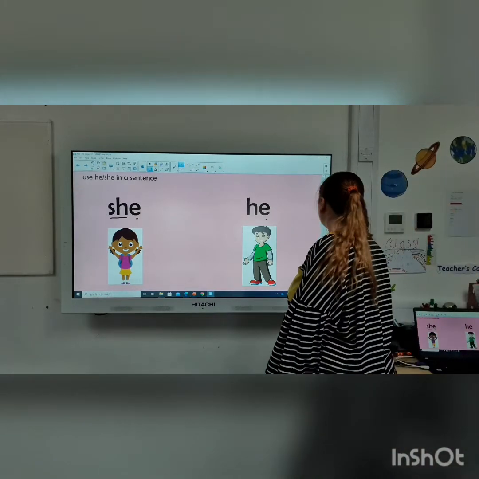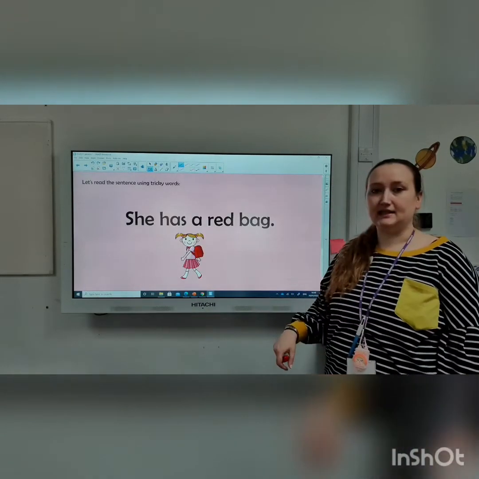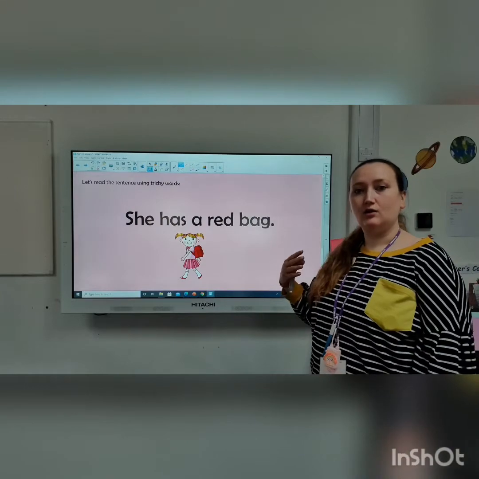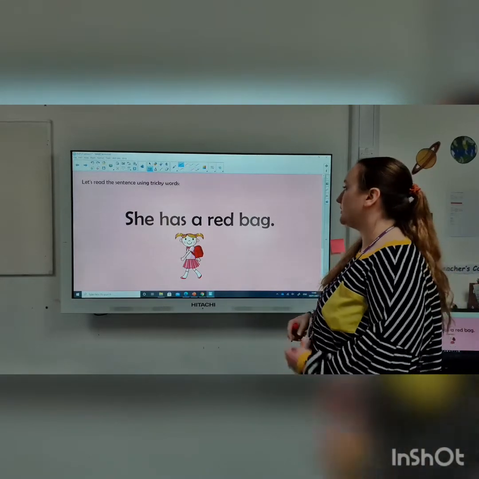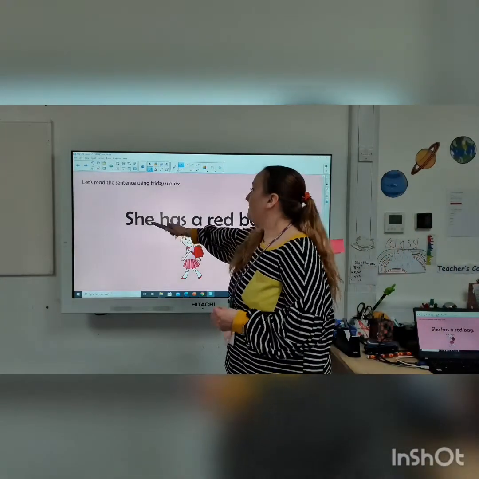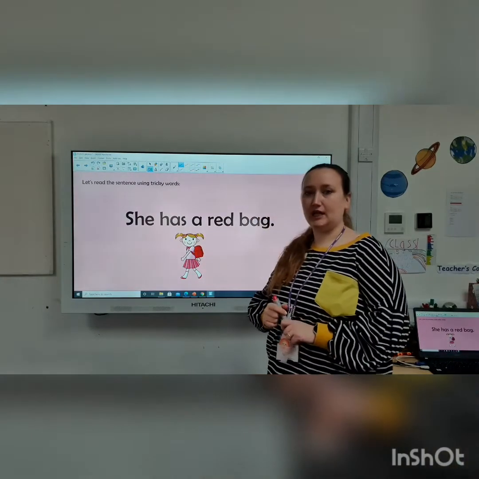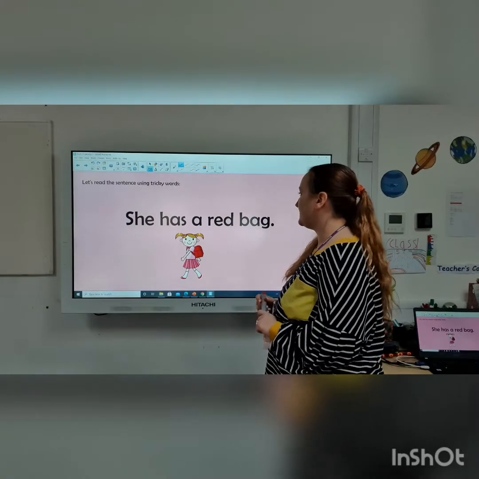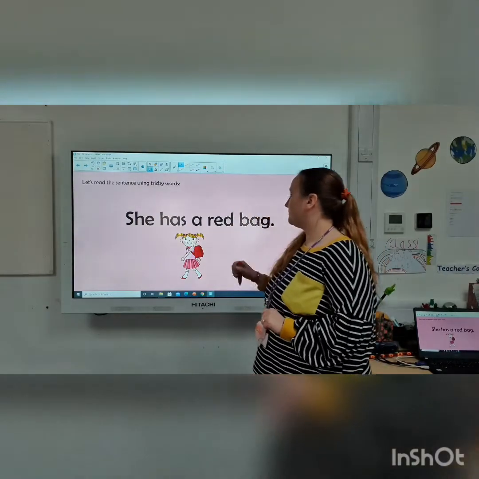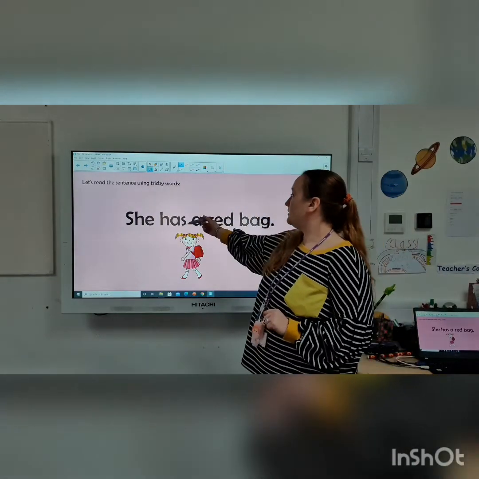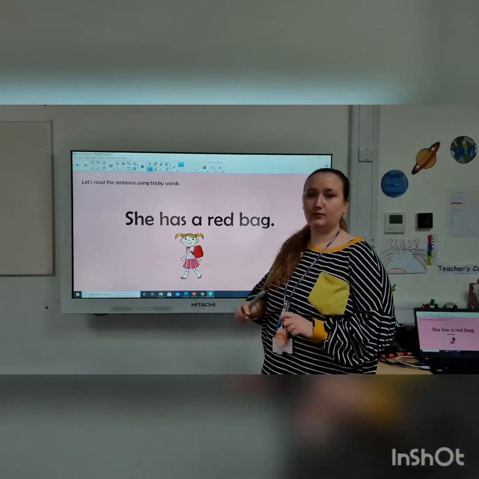Okay, so we're going to do some blending so that we can practice reading our tricky words. Okay, so can you remember which tricky word this is? Is this he or she? It's she, isn't it? So we've got she. Okay, do we know this one? This might be on some of your keywords.